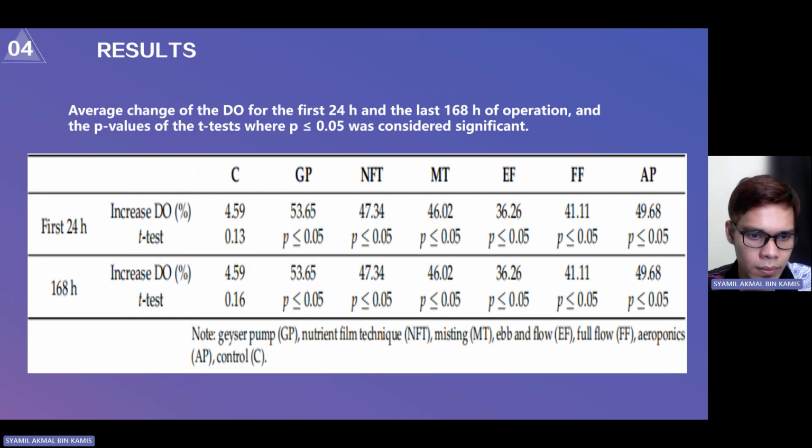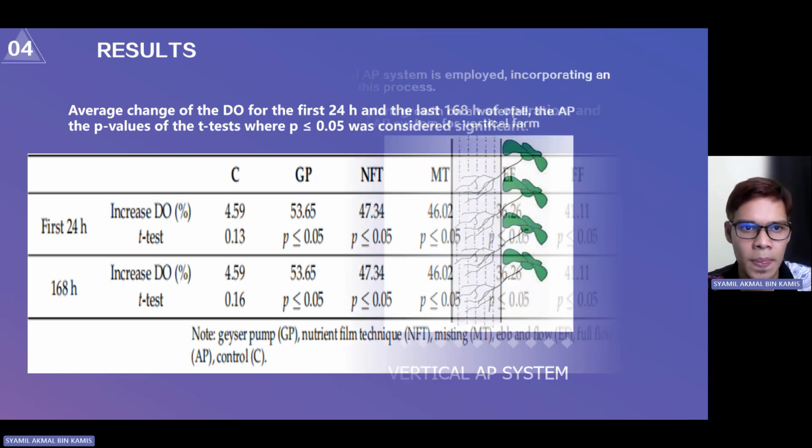And this is a result for the article review: the average change of dissolved oxygen for the first 24 hours and last 168 hours of operation, and the p-values of the t-test, where p equal to or less than 0.05 was considered significant.